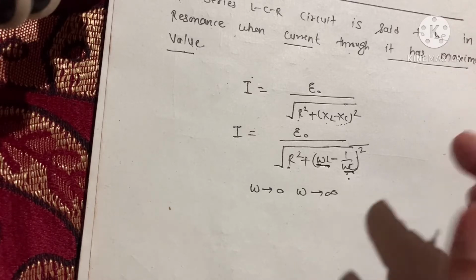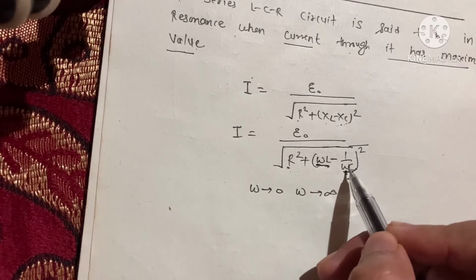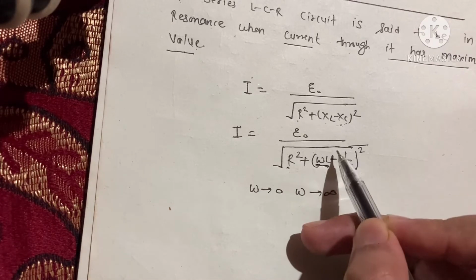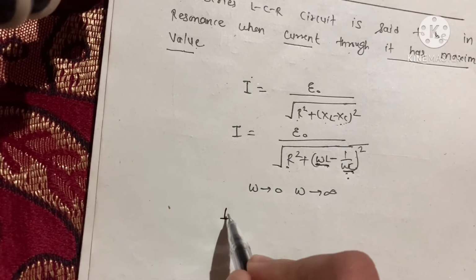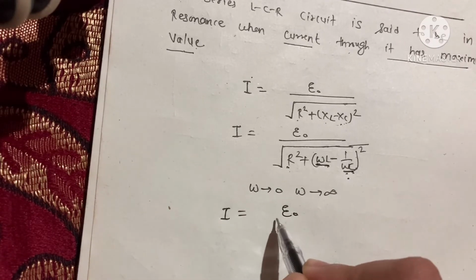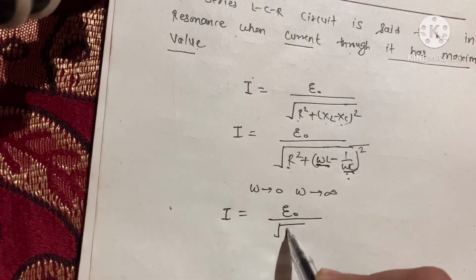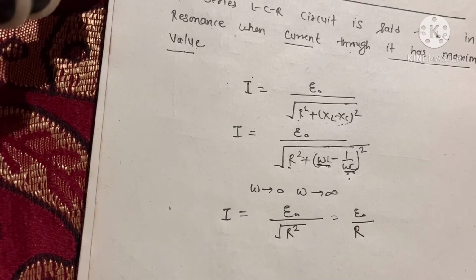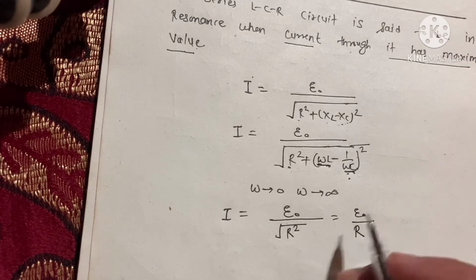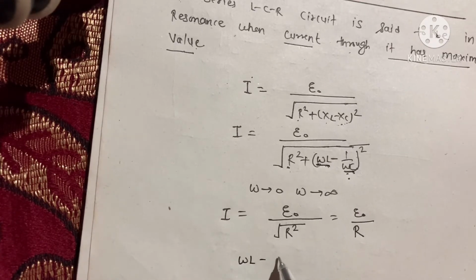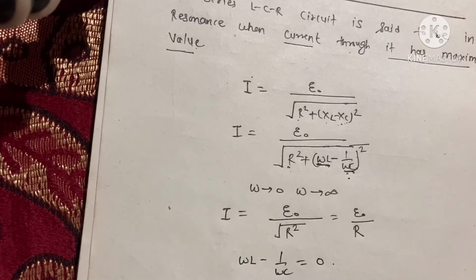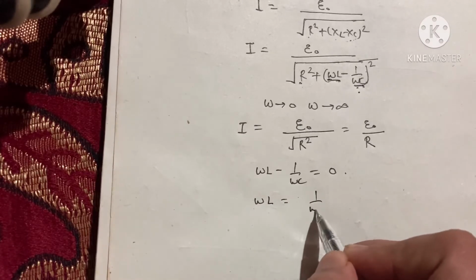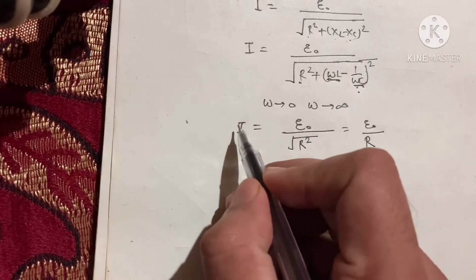When you subtract equal numbers you will get 0. So this term becomes 0 and you will get your equation as epsilon naught by root of R square, that is epsilon naught by R. So when omega L minus 1 upon omega C is equal to 0, that is when omega L is equal to 1 upon omega C. Now look at this quantity, students.